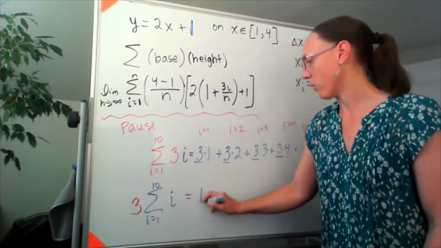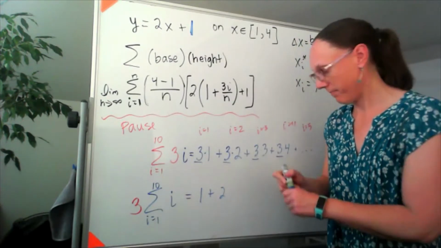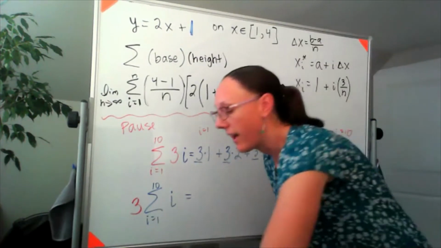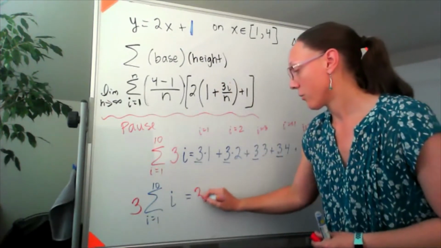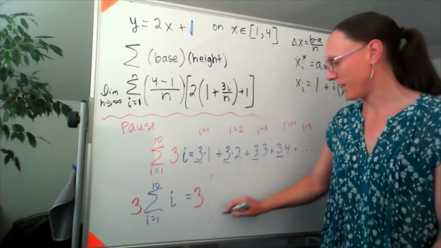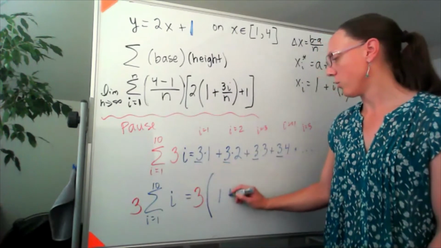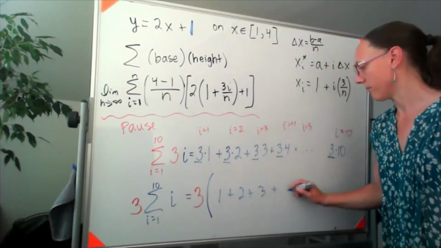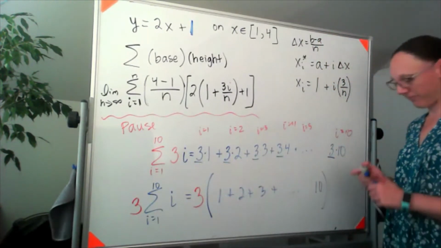And then this would look like 3 times, because we factored that 3 out, 1 plus 2 plus 3, all the way up to 10.